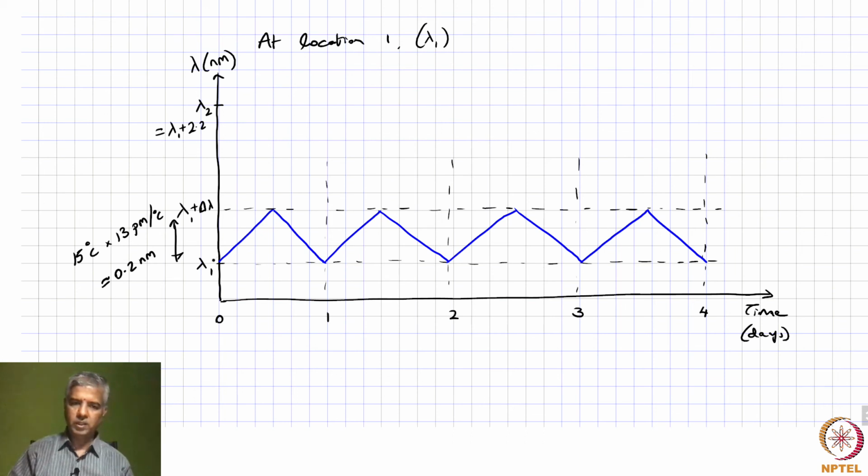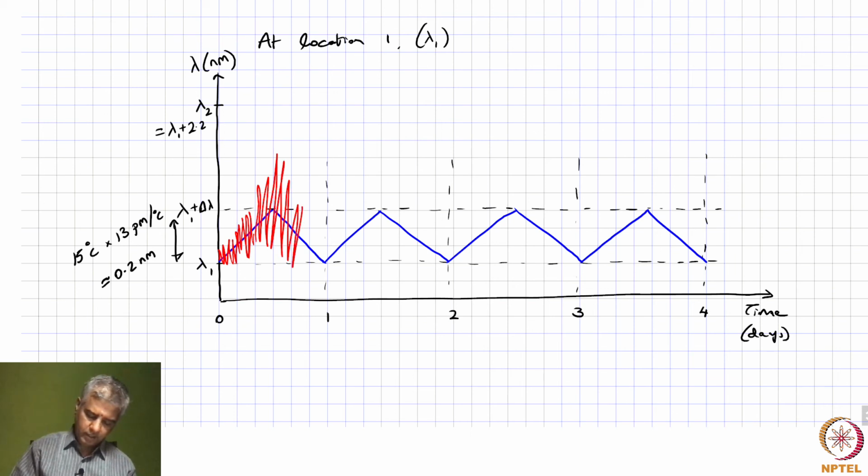So we typically have a case where the Bragg wavelength is changing because of loading conditions during the day. Okay, so it will tend to fluctuate around this value depending upon, for example, the traffic that the bridge is seeing. So during the early hours the traffic is not as much, but during the middle of the day and during peak hours you see a lot of traffic, and then it comes down during the night, and then it's like this, right.